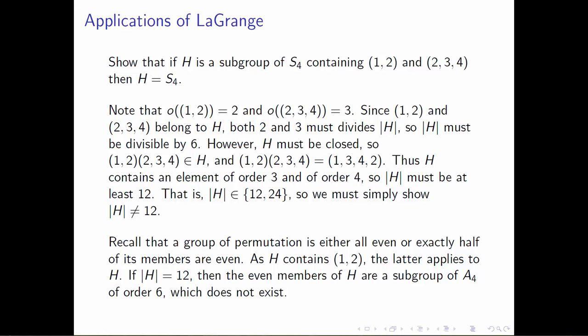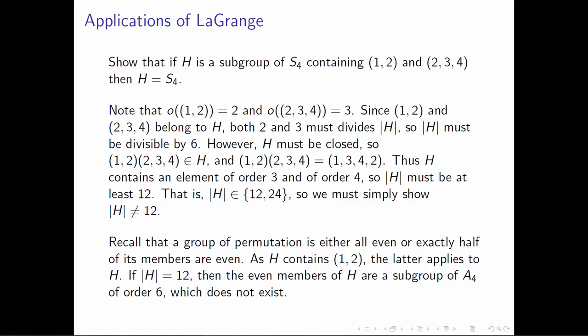So this is the fact that we're going to use. We take a look at the group H, which is a group of permutations, and we note that H contains the permutation (1 2) by our hypothesis, and (1 2) is an odd permutation. So because our subgroup contains an odd permutation, we're in the latter situation, and exactly half of the members of H are even permutations.